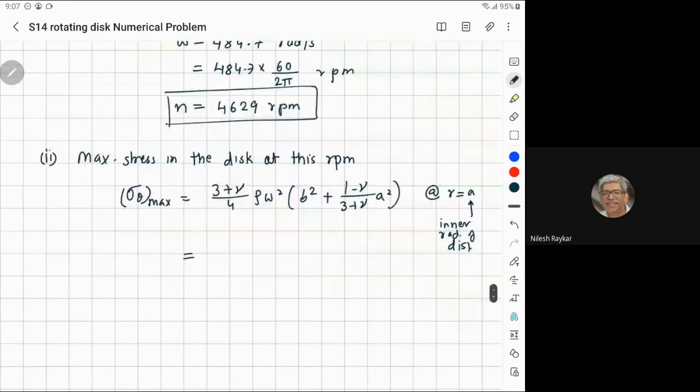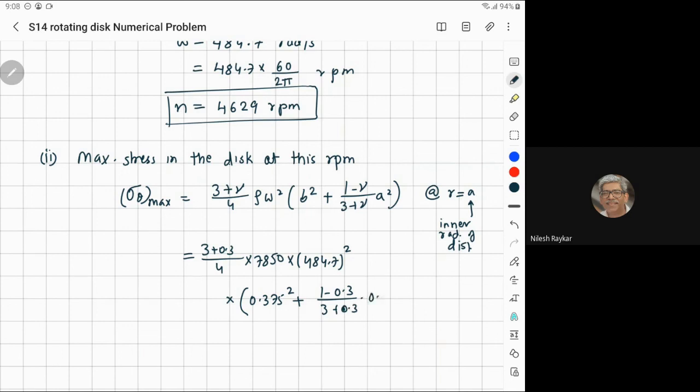If you substitute the numbers, it is 3 plus 0.3 divided by 4 into rho, which is 7850, and omega we have calculated as 484.7, the whole square. This is multiplied by b square, which is 0.375 square, plus 1 minus nu divided by 3 plus nu multiplied by 0.075, the whole square.